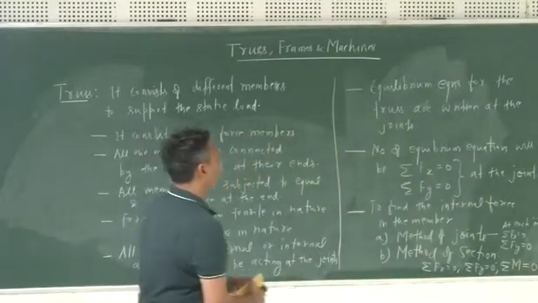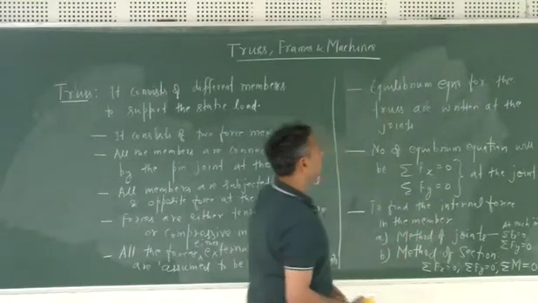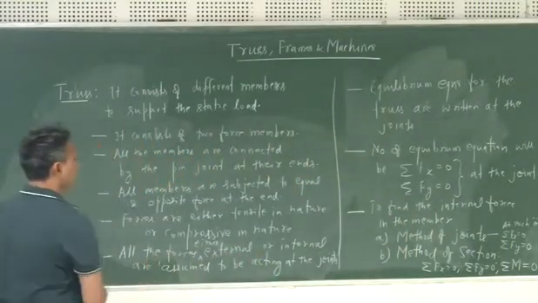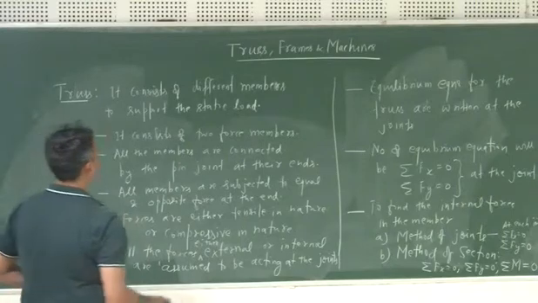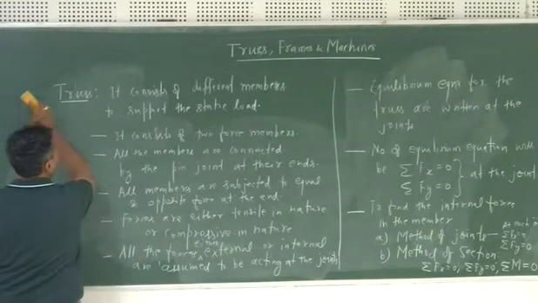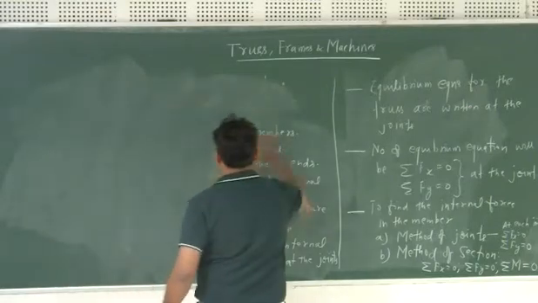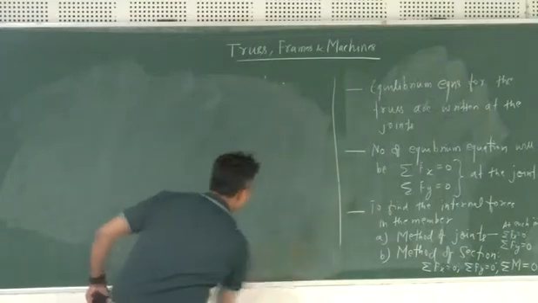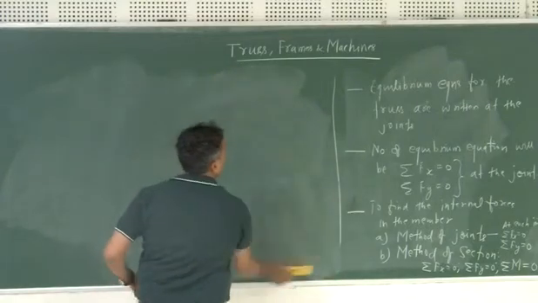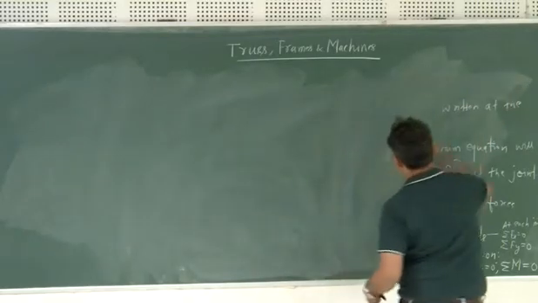So this is how the internal forces in the members are found in trusses. We will describe these two methods, but first try to understand the different types of trusses that exist, and then we will talk about method of joint and method of section.